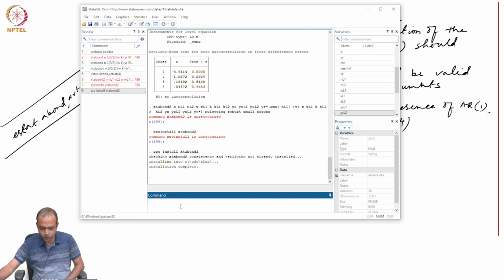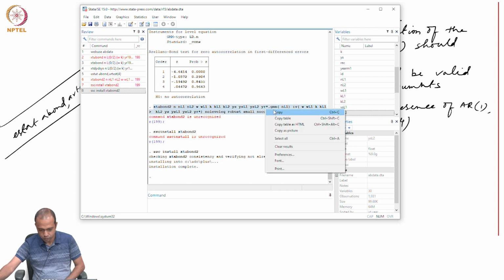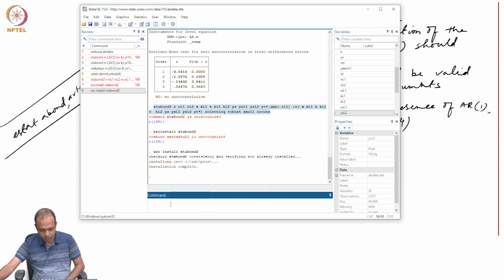Yes, now it is installed. So, I will put the command now. xtabond2. So, please keep in mind, if you have a licensed version of this data and at any point of time if you get this unrecognized command, then automatically you should install that using ssc install and that particular command.